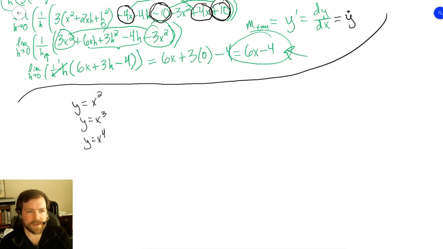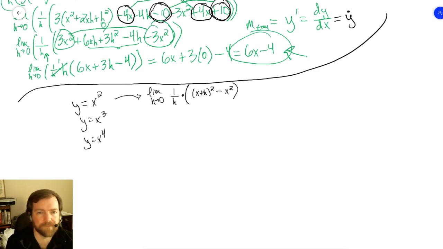So if we're looking at this, this is going to be x plus h squared minus x squared. What we end up with here is 1 over h times, parentheses, x squared plus 2xh plus h squared minus x squared.